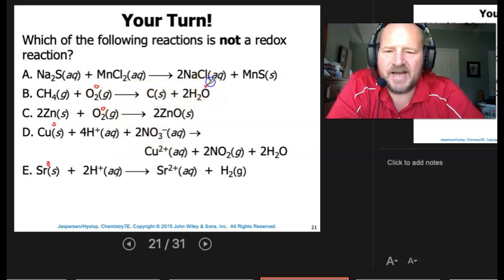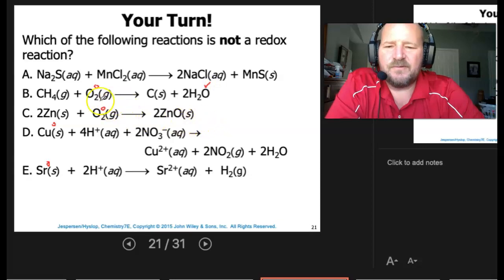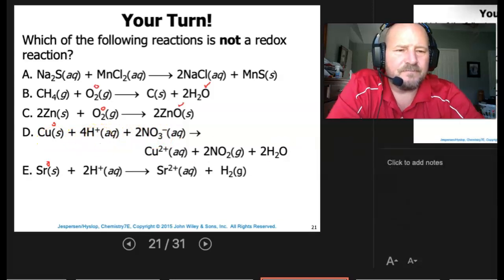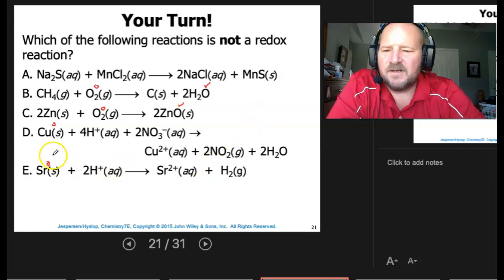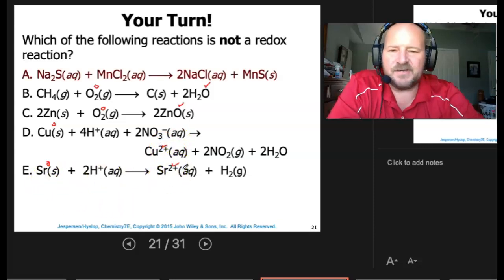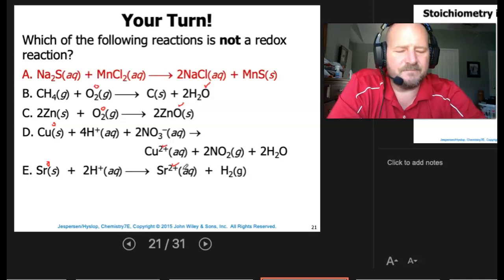It's now reacted, which means it had to have either oxidized or reduced. Same thing here, right? We know that it had to have reacted somehow. And then we have the copper here has become the ion there. Strontium became the ion there, which means our answer has to be A.